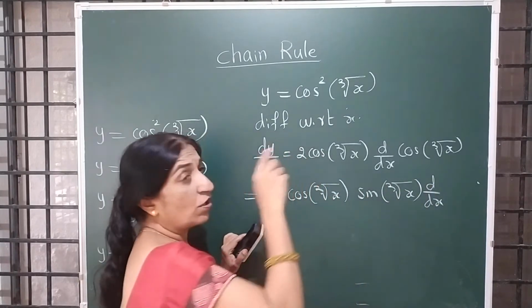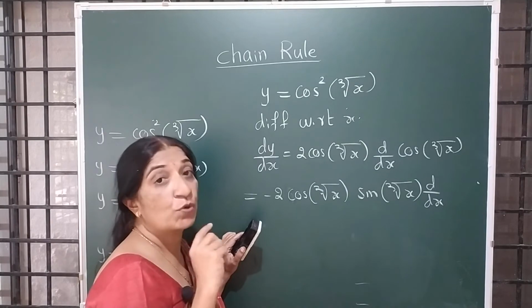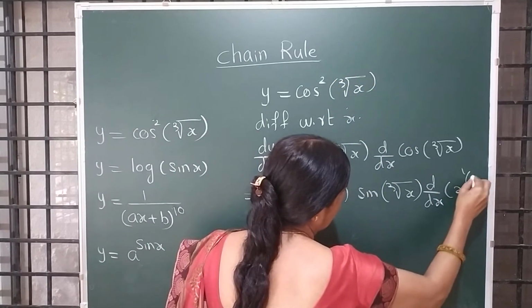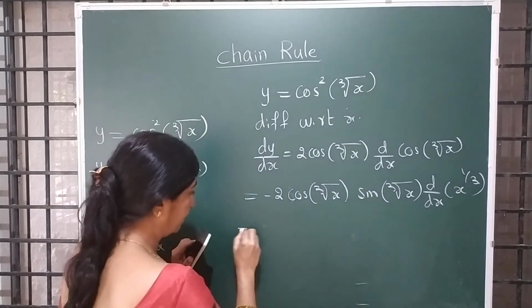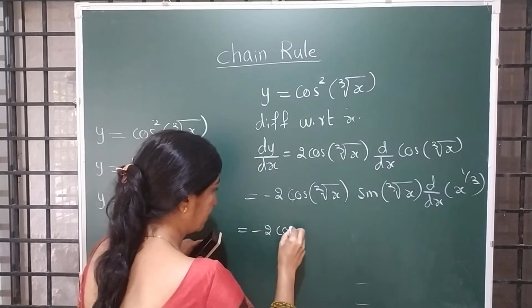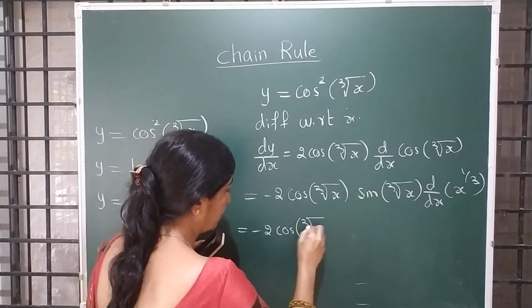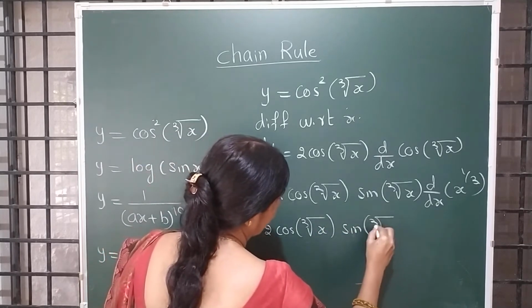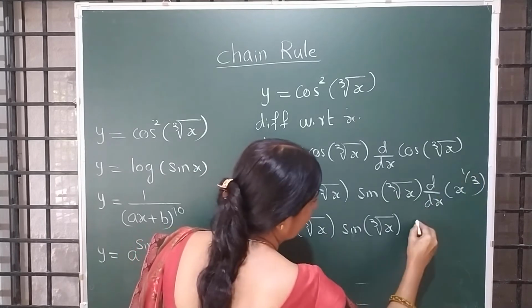If you are not familiar with differentiation of cube root x, cube root x will be written as x to the power 1 by 3, and it is in the form of x to the power n.